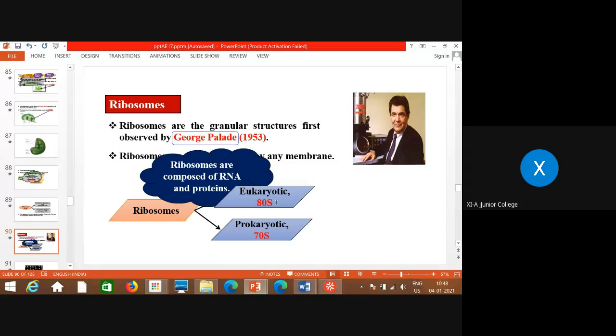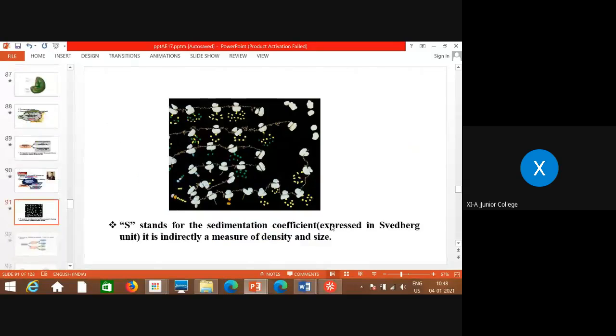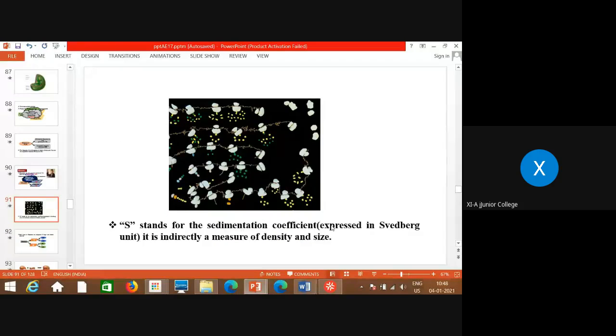Eukaryotic type of cells show 80S type of ribosomes, whereas prokaryotic type of cells show 70S type of ribosomes. Now what is 70S and what is 80S, I will tell you. S stands for sedimentation coefficient, expressed in Svedberg's unit, and it is indirectly a measure of density and size.